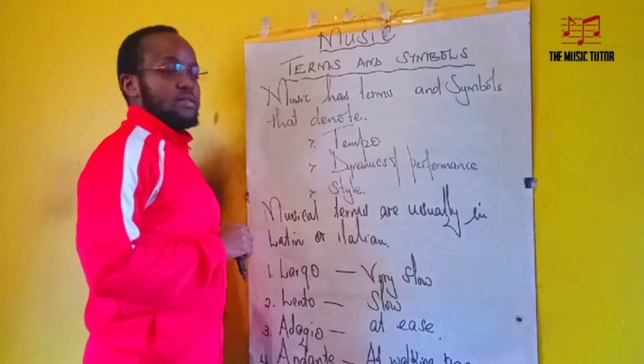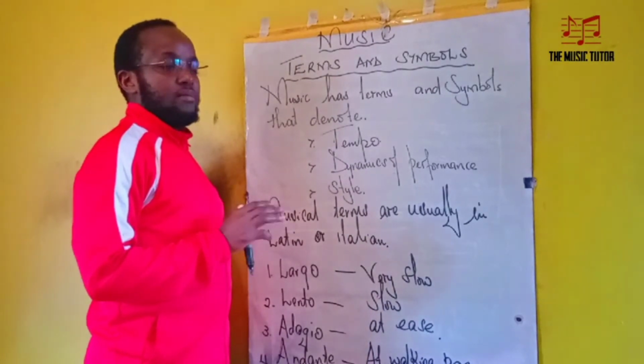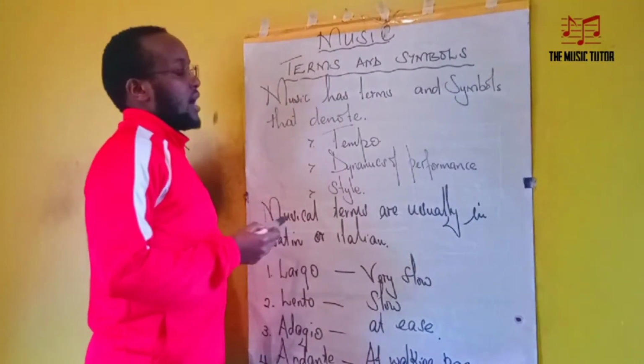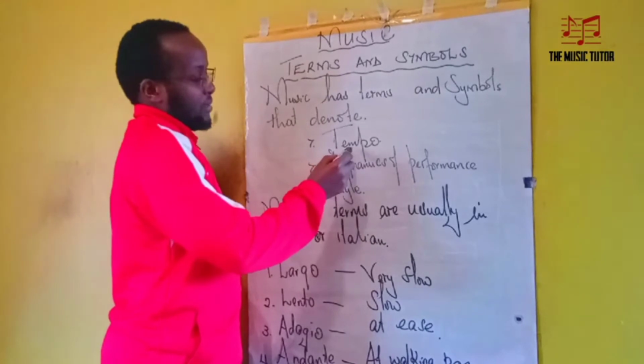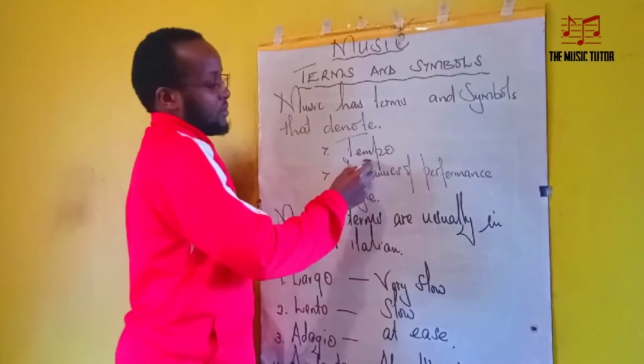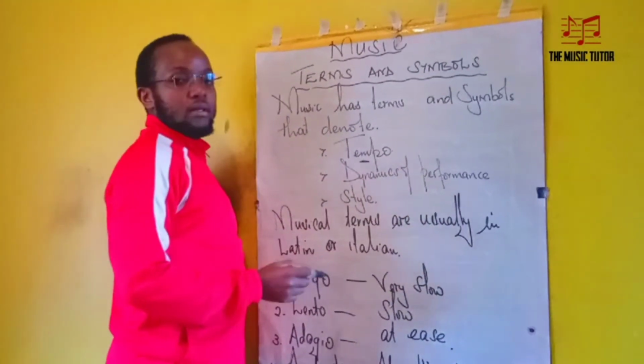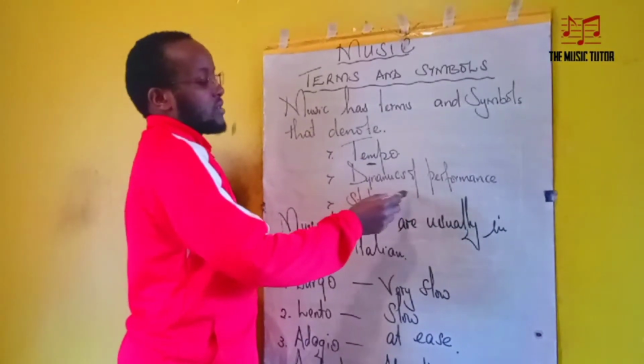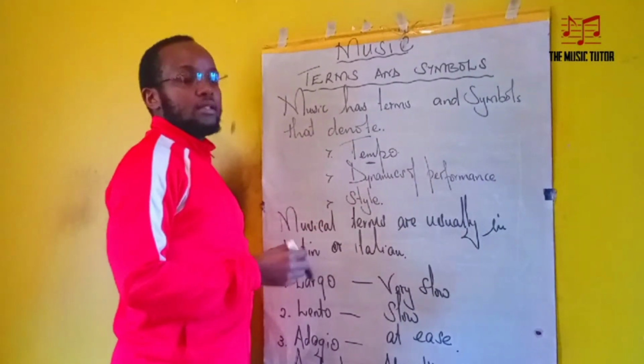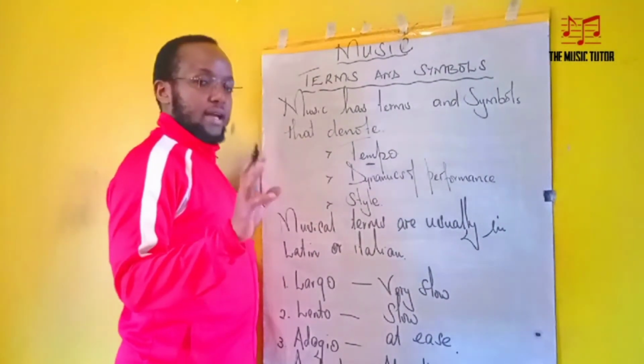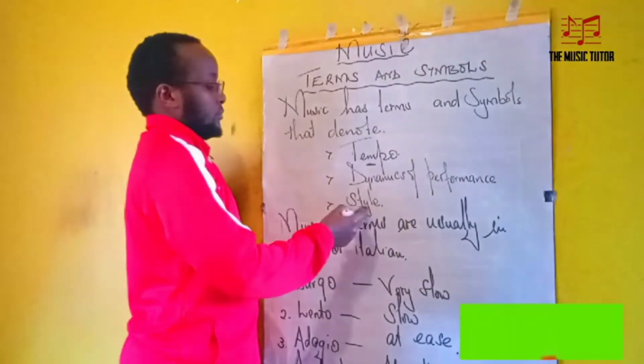The music terms and symbols are used to denote particular forms of tempo, particular dynamics of performance, and particular style of performance.